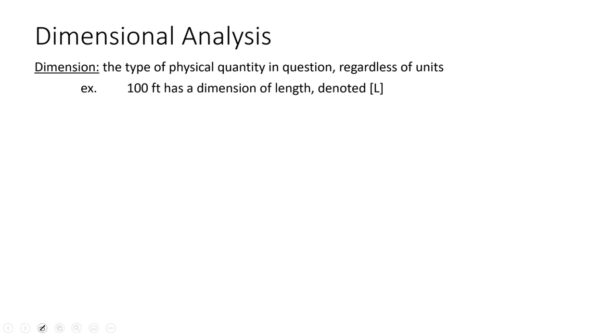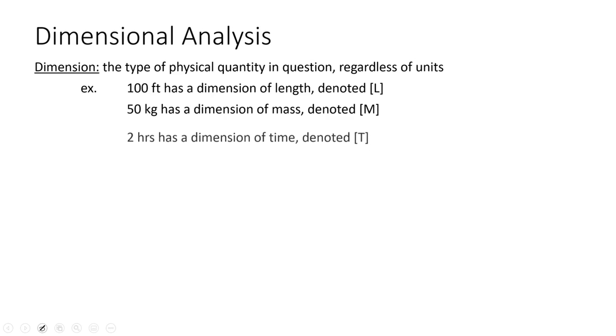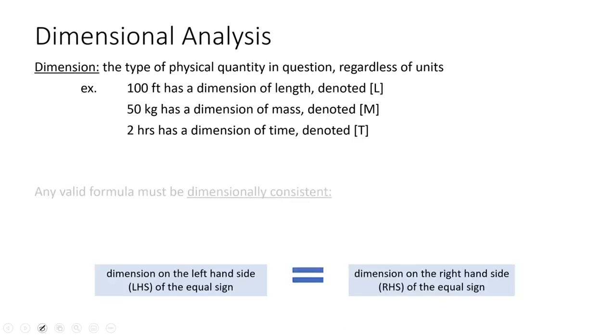And we denote the dimension of length with a capital L in square brackets. 50 kilograms has dimensions of mass, which is capital M in square brackets, and 2 hours has dimensions of time, which is capital T in square brackets. And so then what is dimensional analysis? It's really just applying this idea that both sides of an equation have to have the same dimension.